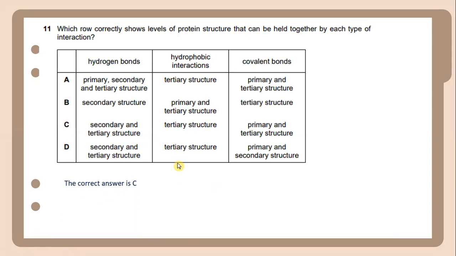The correct answer is C, which is hydrogen bond is the secondary and tertiary structure. Hydrophobic interaction is a tertiary structure, and primary and tertiary structure will be considered under covalent bond.